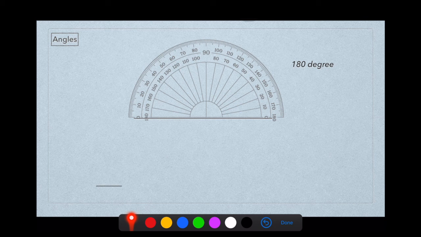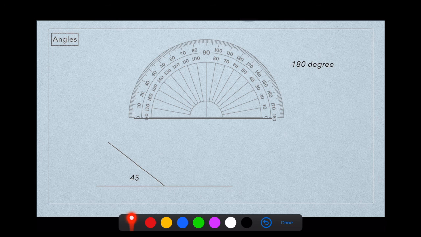Let's say we are talking about an angle. Now let's say this inside part of the angle is measured at 45 degrees. And the other part, which means this part, is not measured.